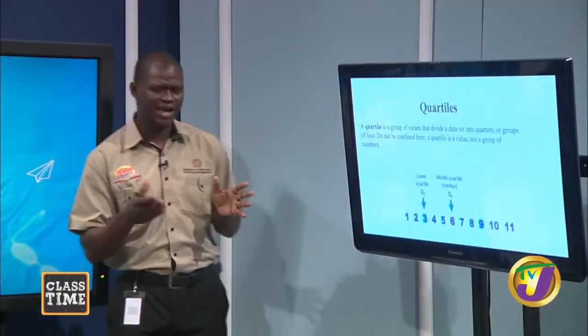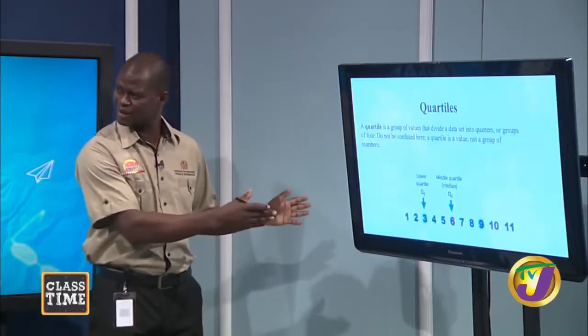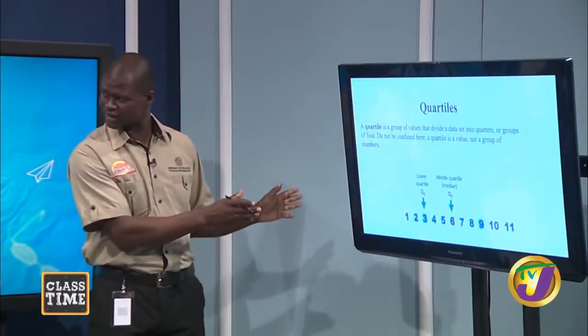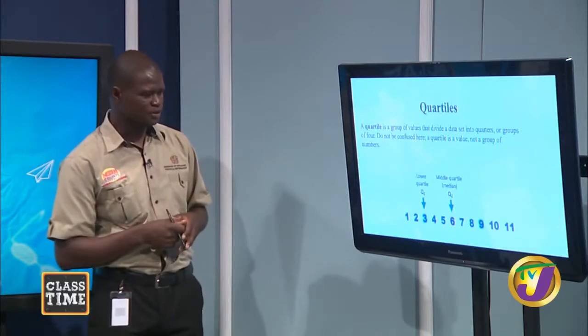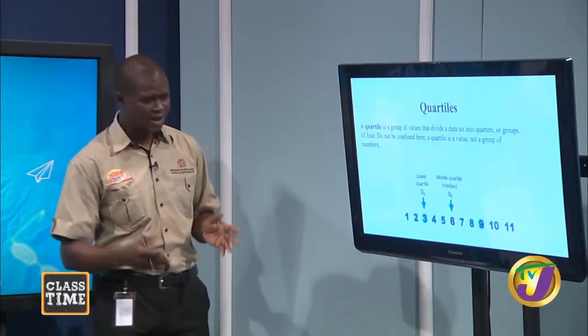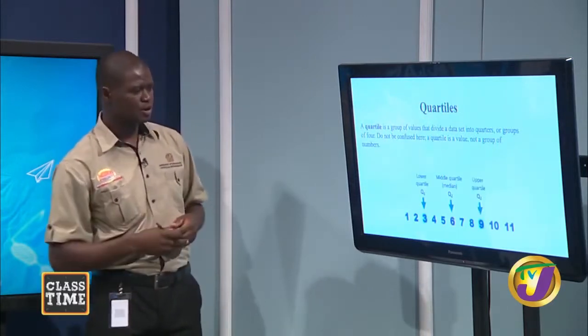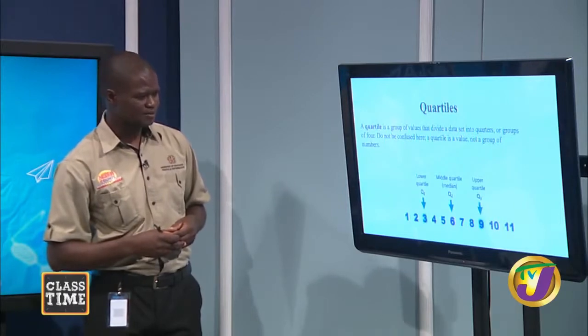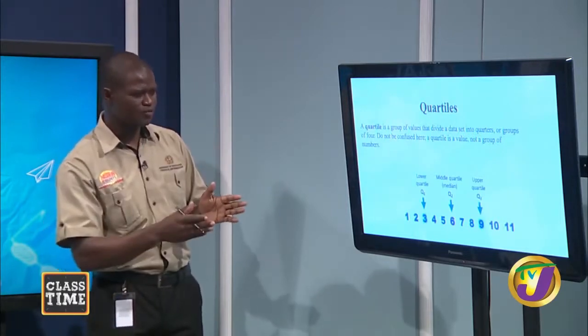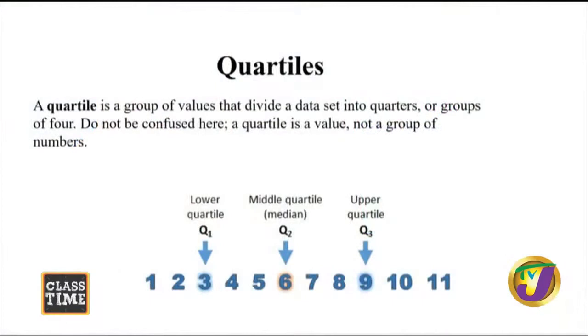So the 3 would be like the median for that left side of your data set. This is what is referred to as your Q1. And if you do the same thing to the data set on your right, the 9 would fall in the middle. So it's like the median for that right side of the data. So here we have now the data set being divided into 4 segments.